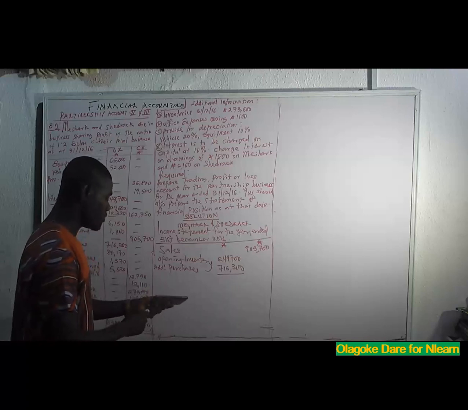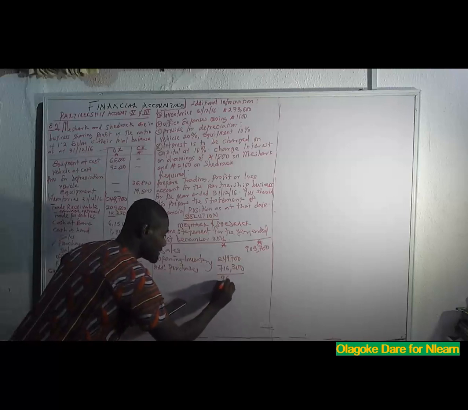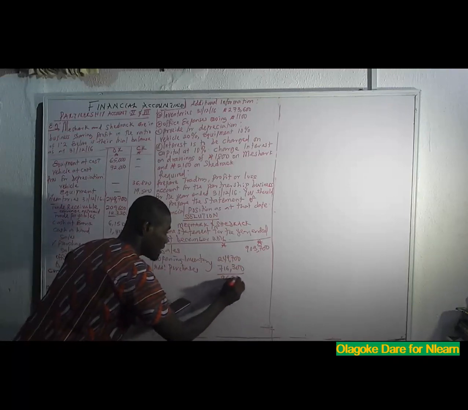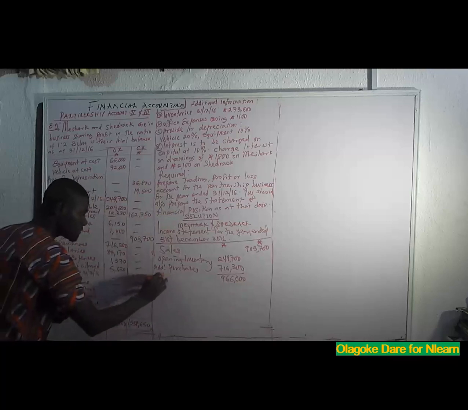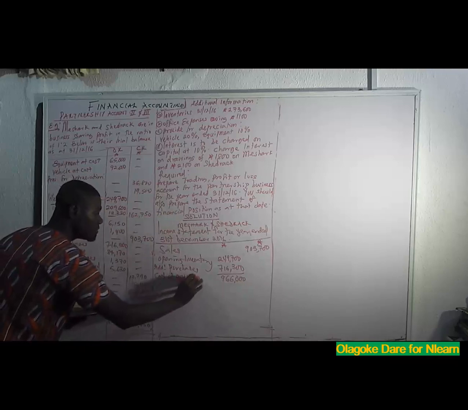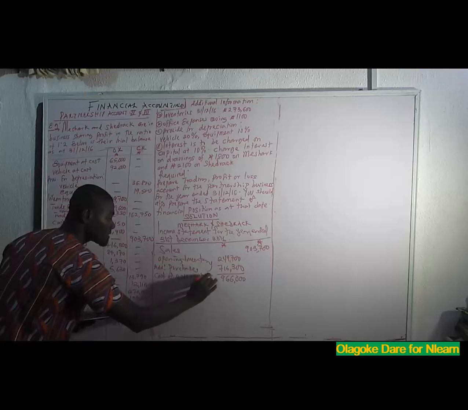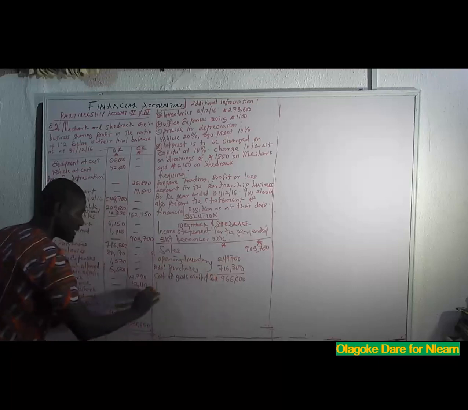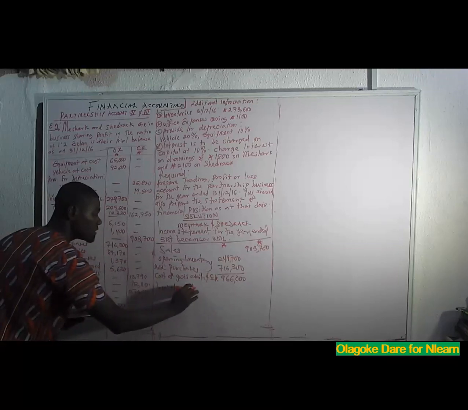So we do have 966,000. So here is my cost of goods available for sale. So I deduct my closing inventory.